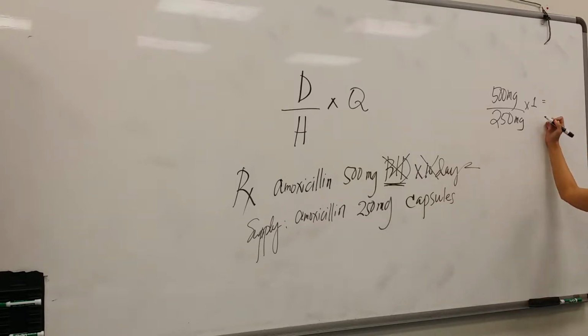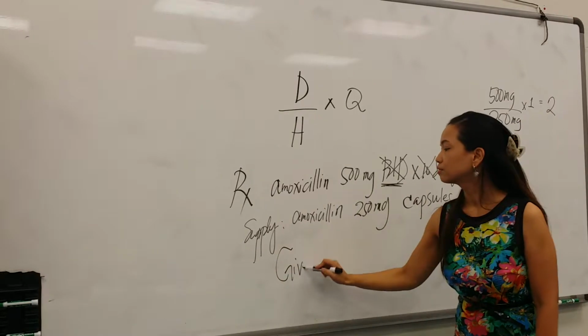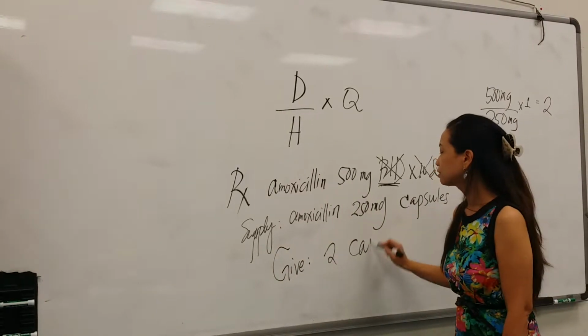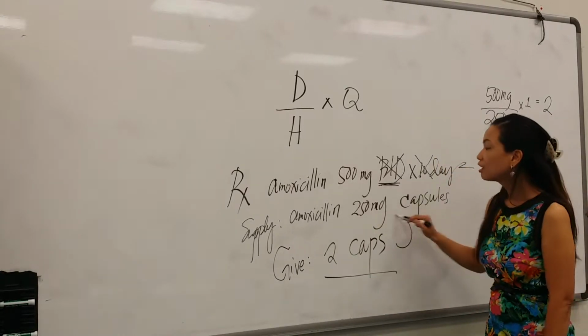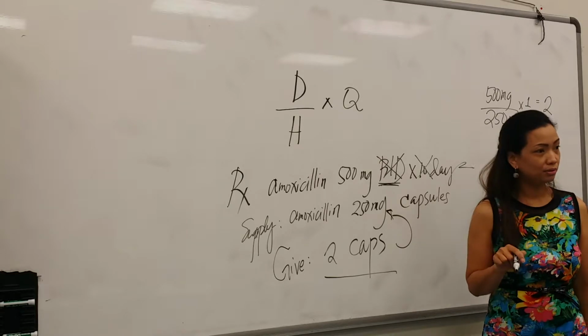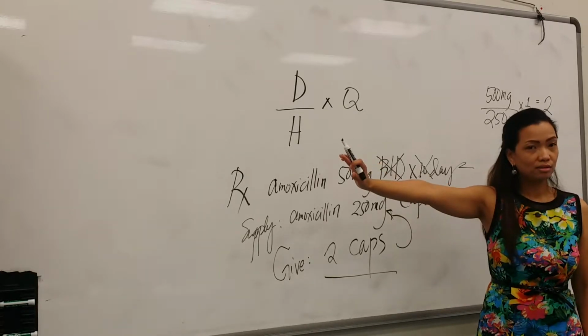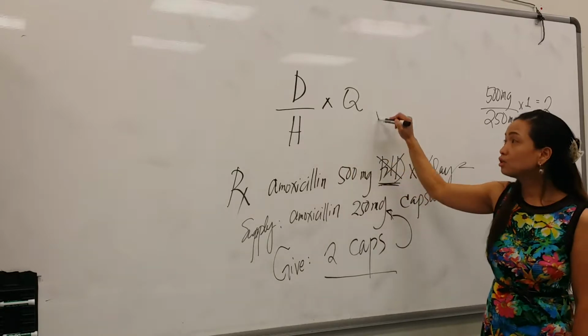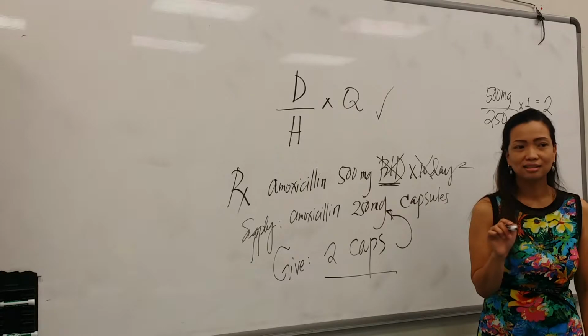If we are to follow D over H times Q, the answer is 2. You have to give 2 caps. Okay? Which means you have to give 2 capsules of the 250 milligram capsule. Is that clear? This is for single dose. Okay? Yes, you may use this formula for the single dose of capsules.